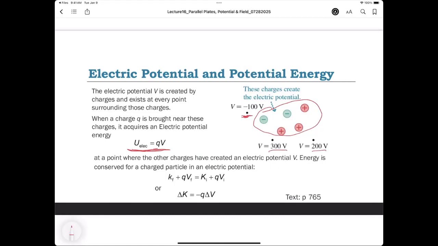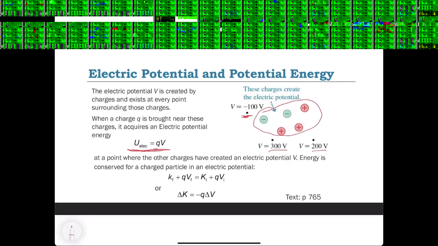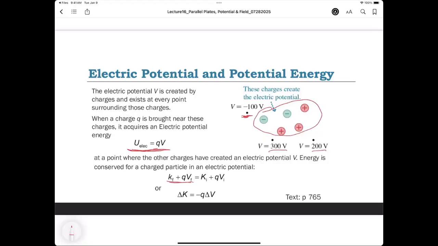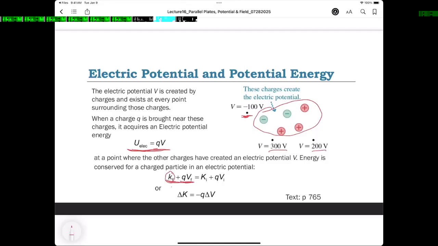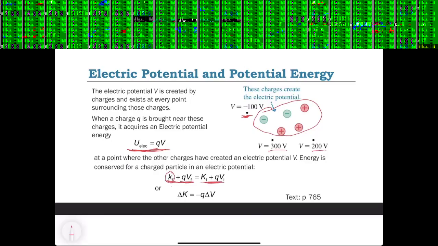At a point where the other charges have created an electric potential V, energy is conserved for a charged particle in an electric potential. We talked about this. The final kinetic energy plus the electric potential energy equals the initial kinetic energy plus the initial electric potential energy.